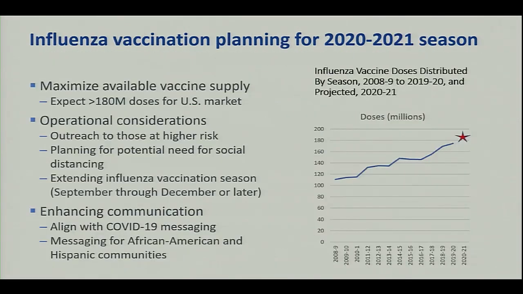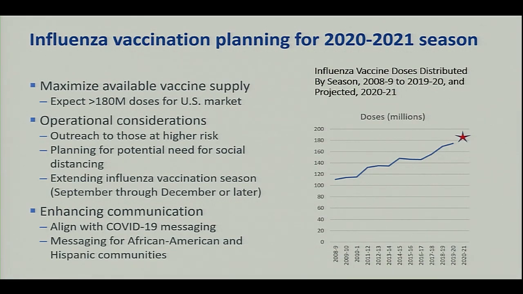Next. In planning for the upcoming season, we're pleased that manufacturers of U.S. licensed influenza vaccines are planning a record high amount of vaccine with more than 180 million doses expected. We will need effective outreach to persons at higher risk, planning for the potential need for social distancing and vaccine delivery, and planning to extend the influenza vaccination season until December or later for distribution of all doses that are expected.